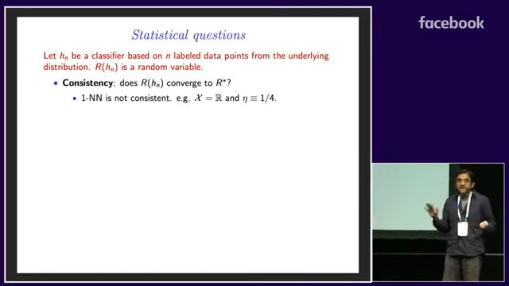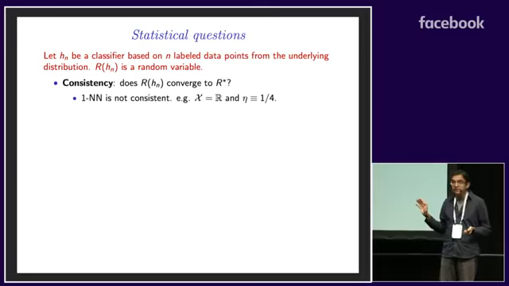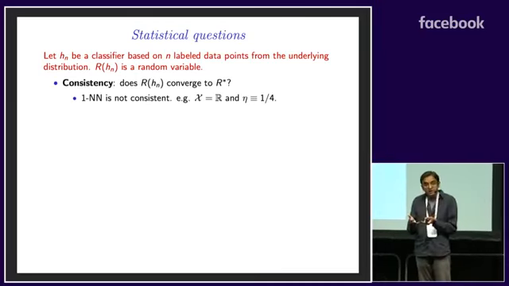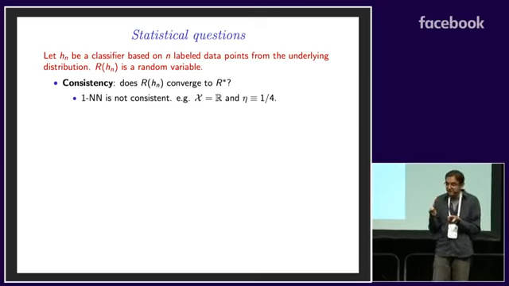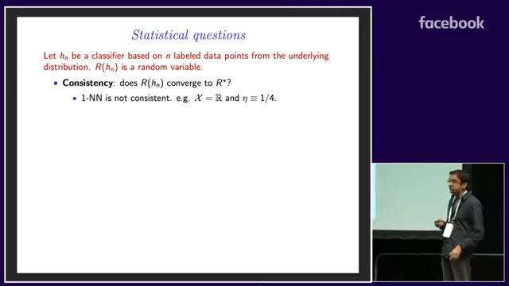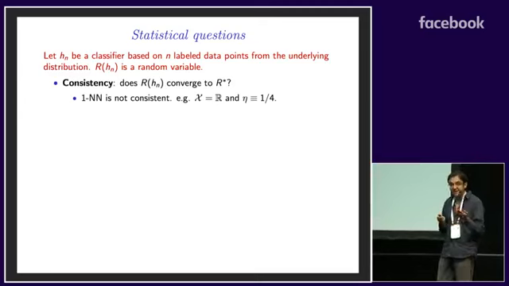So clearly, the best prediction is just to say 0 everywhere. That's the optimal thing to do. But that's not what one nearest neighbor is going to do. One nearest neighbor, a quarter of the time, is going to have a label of 1. So one nearest neighbor is suboptimal no matter how many data points you have. So consistency fails in this case.